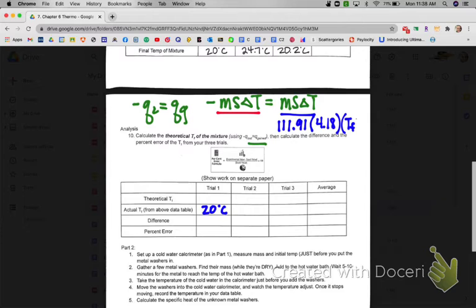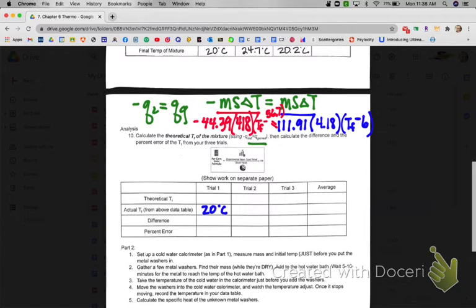My temperature initial on my cold water was 6 degrees. On the hot water side, the mass of my hot water I calculated from my data to be 44.39. I'll use specific heat of water, 4.18. I'll take temperature final minus my initial temp of my water, which was 56.7, and I want to set those equal to each other.